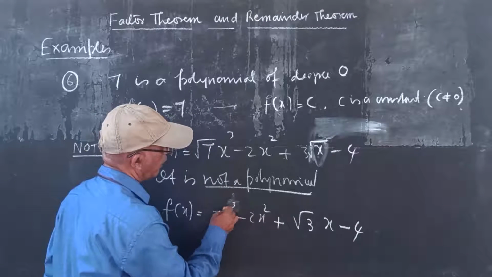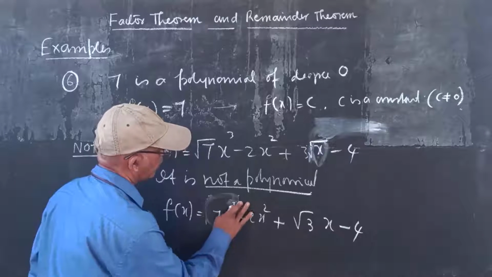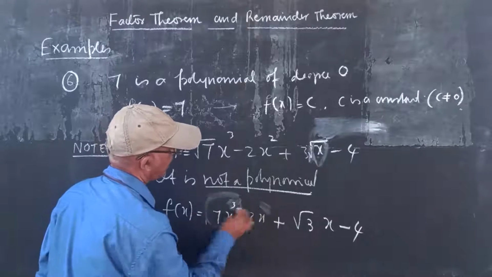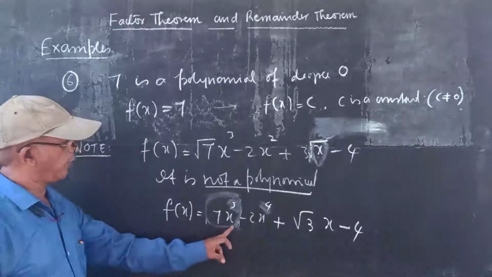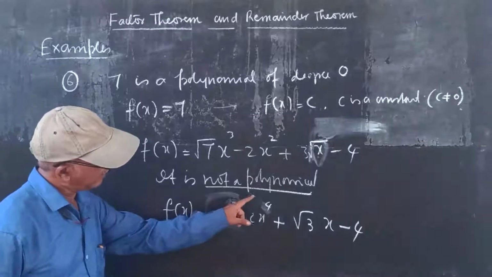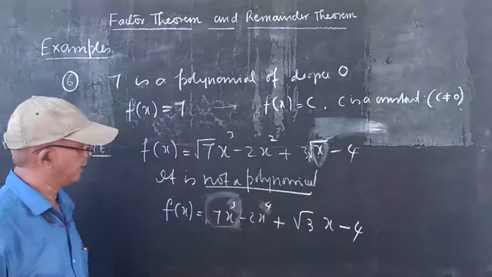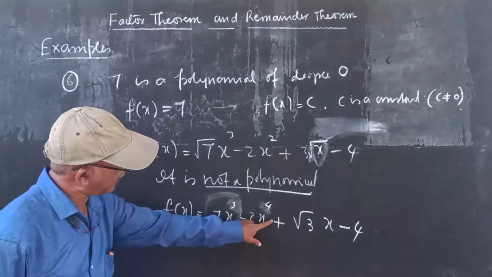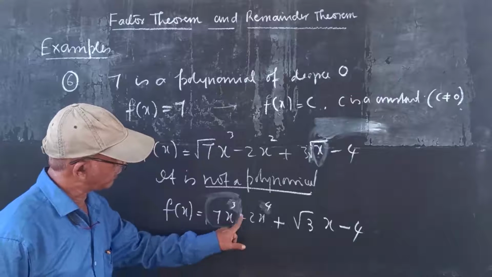Now this is the leading term. Suppose now I write a term with power of 4, now it is a polynomial of degree 4, not 3. The highest power should be taken. So now this will become the leading term, not this, because you have to see the power.